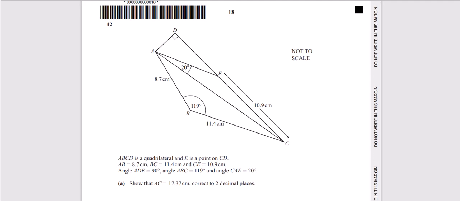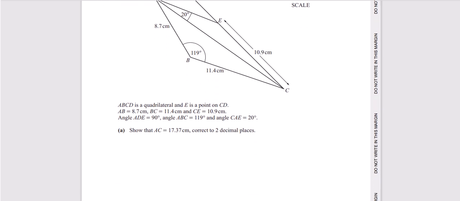The last question of this paper, question number 12. This is a given quadrilateral ABCD and E is the midpoint of CD. AB is equal to 8.7 centimeter. BC is equal to 11.4 centimeter and EC is equal to 10.9 centimeter.